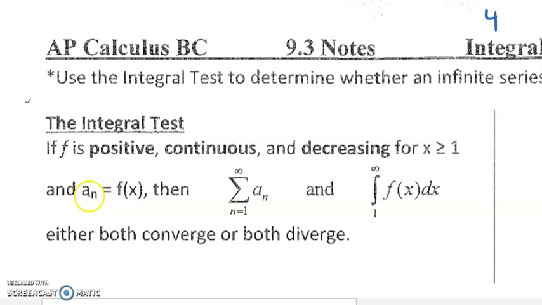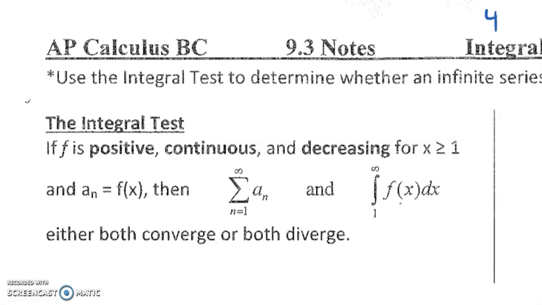But we can compare these, and if it's true that this related continuous function is positive, continuous, and decreasing for all x values greater than or equal to 1, then we can say that the infinite series and the improper integral, both going from 1 to infinity, behave the same way. Either they both converge or they both diverge.